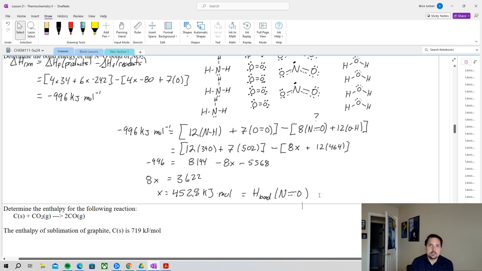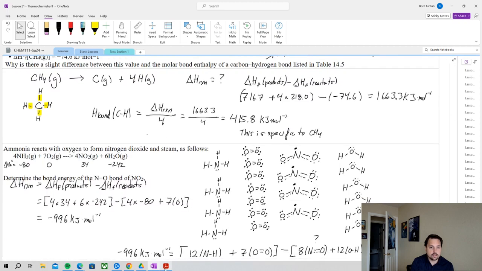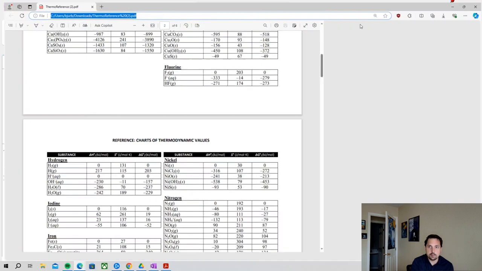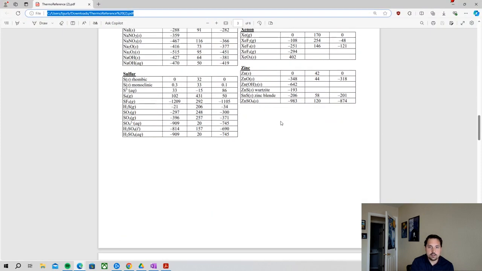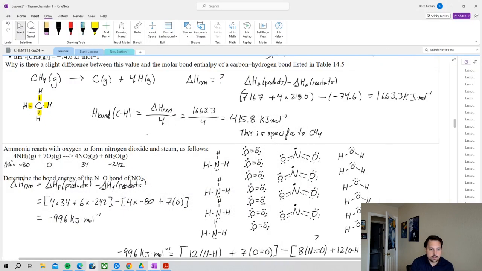What about if we compare this to the energy of an NO single bond and an NO double bond? Well, an NO single bond is not listed in this table. So if we go and look at this other reference chart that we've been looking at, if we scroll down to the end, I actually have some other average bond enthalpies listed. I think I need to get rid of this little pin.